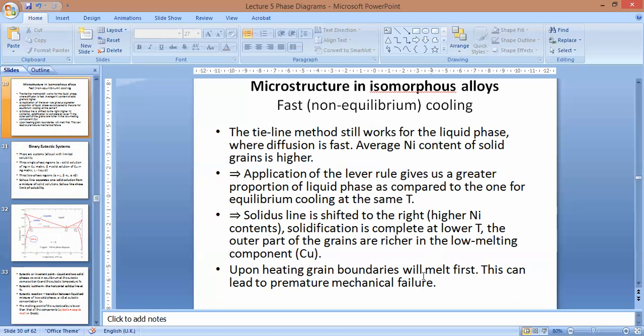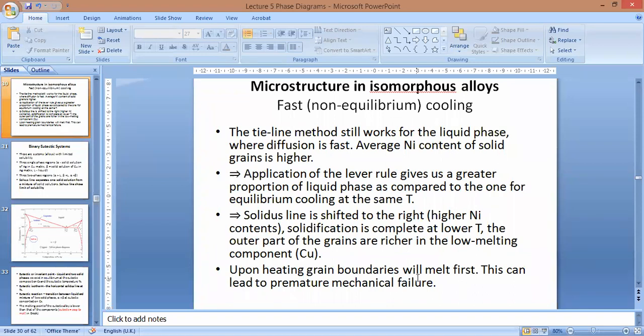Then as you go down, that's when the component with the lower melting point begins to form a layer around the solid particles. So in the end, the core of your crystals will be rich in nickel, while the outer part of your grains will be rich in copper.